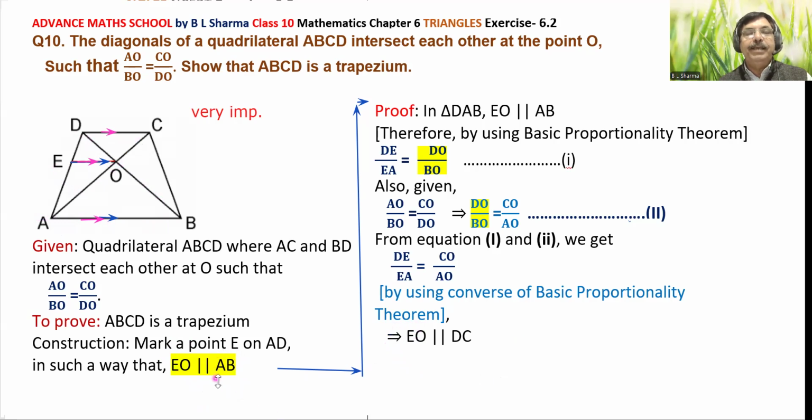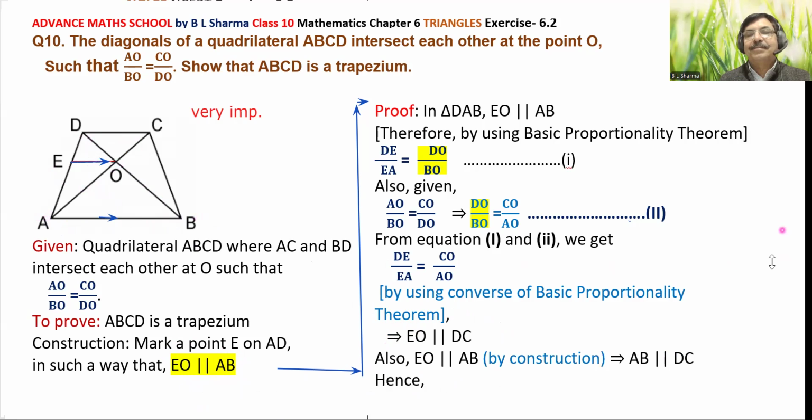It means AB is parallel to DC. और जैसे ही AB और DC parallel हो जाएगा, the quadrilateral ABCD will be a trapezium. If one pair of opposite sides of a quadrilateral is parallel, then the quadrilateral will be a trapezium. That's all for this question.